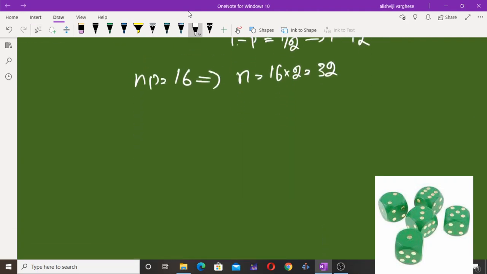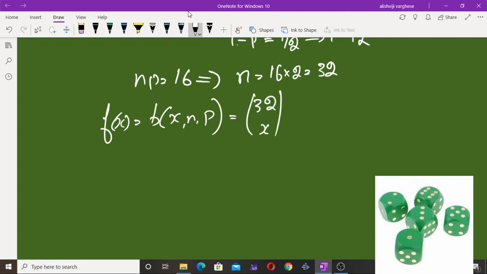So our probability density function of a binomial random variable f of x, or in some cases we write it as b(x, n, p), because it contains only two parameters n and p, is equal to, here n is equal to 32, 32Cx p raised to x, 1 minus p raised to 32 minus x. Anyway, the value of p is also known. p is equal to 1 by 2.